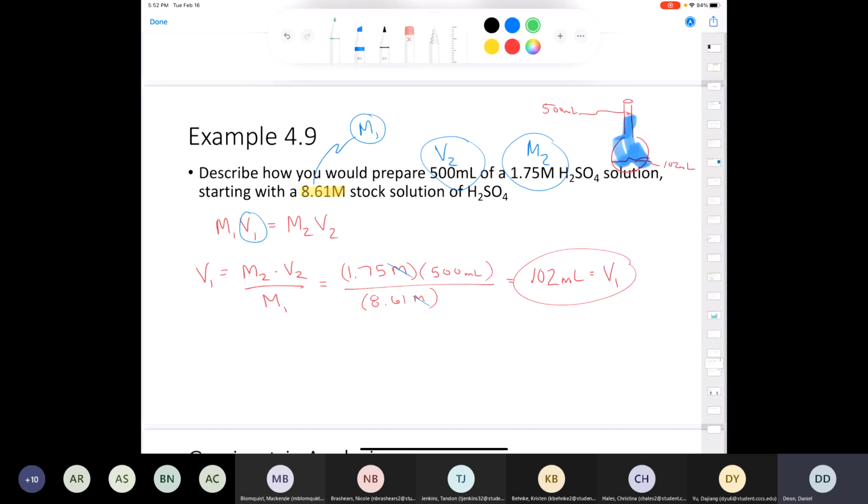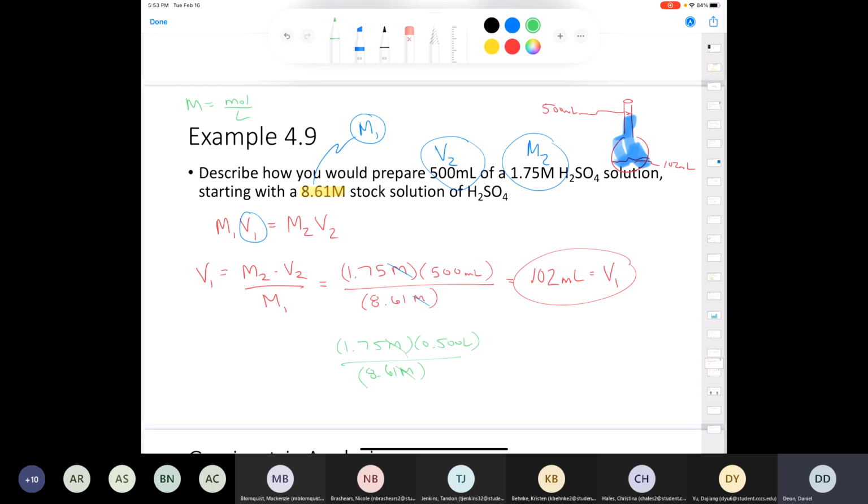Now, I made a note here to myself, and it says here, a student pointed out to me one time, why can you use milliliters in here if the units of molarity are moles per liter? Don't you want your units to be consistent? Well, it wouldn't matter if you were to do 1.75 molar multiplied by 0.500 liters divided by 8.61 molar, like that, right?